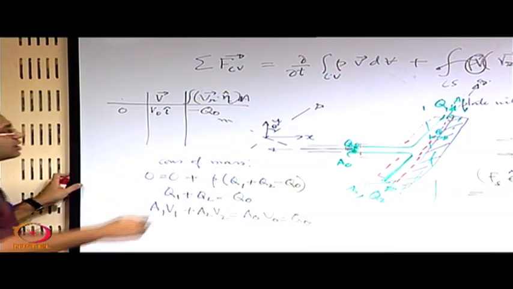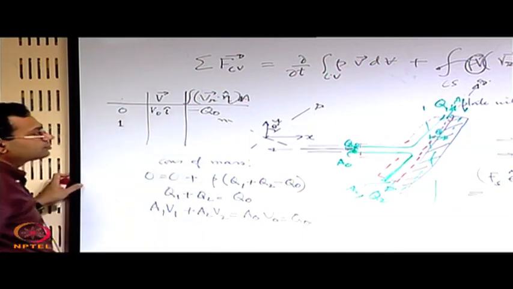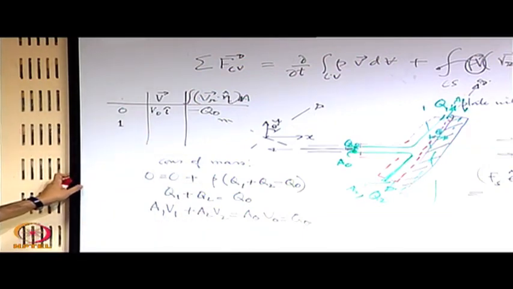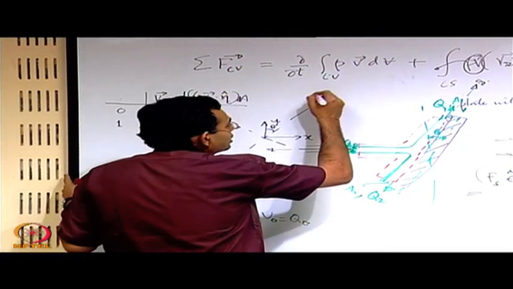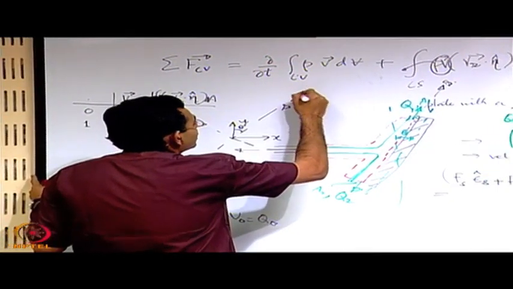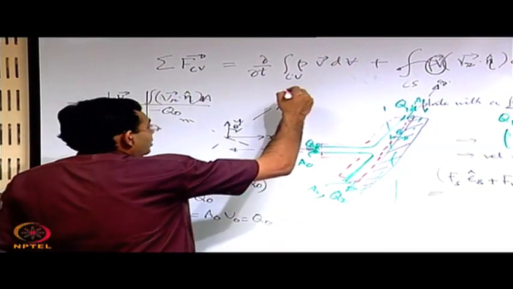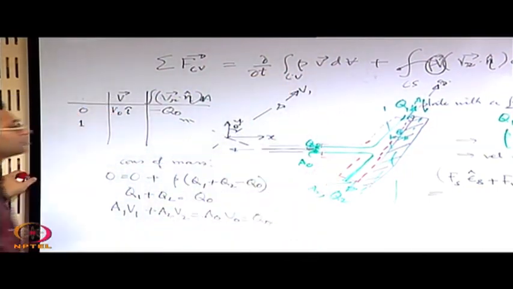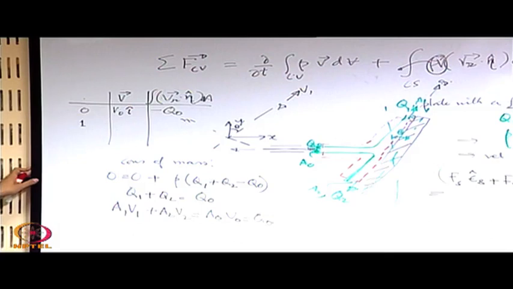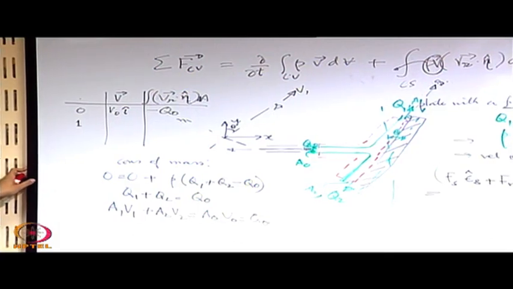Then for the surface 1, you have a flow in this direction, which has a velocity of v1. That may be resolved along x and y.